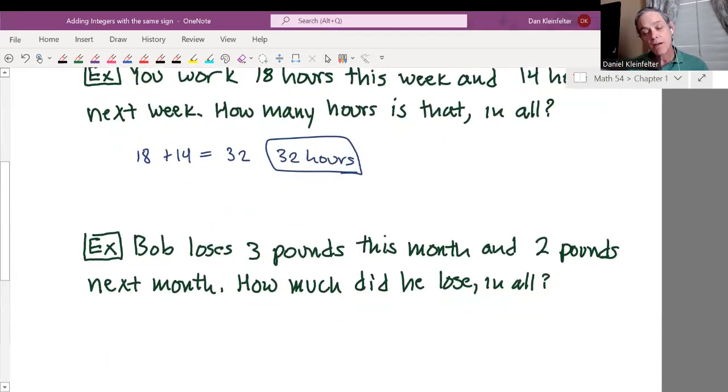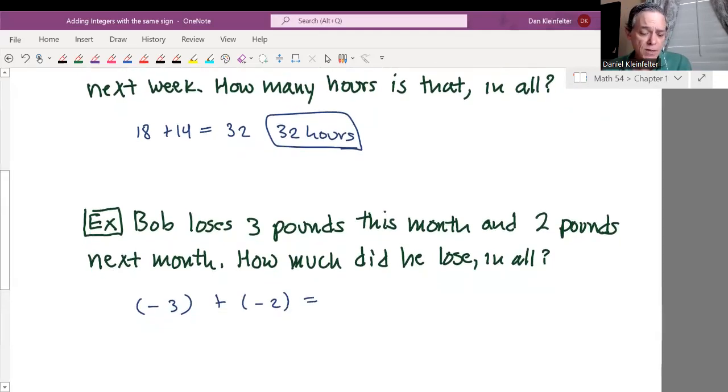Okay, for the next part, it says Bob loses 3 pounds this month and 2 pounds next month. We want to know how much he lost in all. So here we can represent the loss of weight as negative numbers. There's a 3-pound loss in the 1 month, and then a 2-pound loss in the next month. The absolute value of negative 3 is going to be 3. The absolute value of negative 2 is going to be 2.